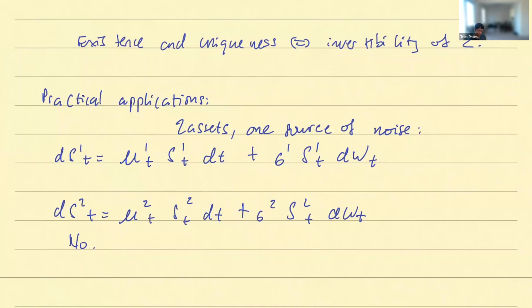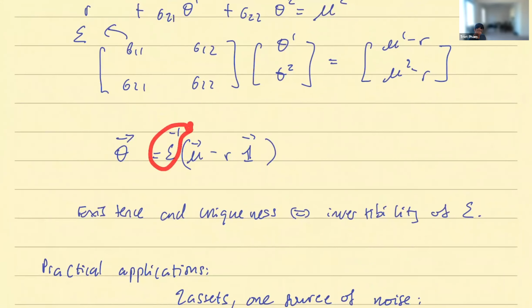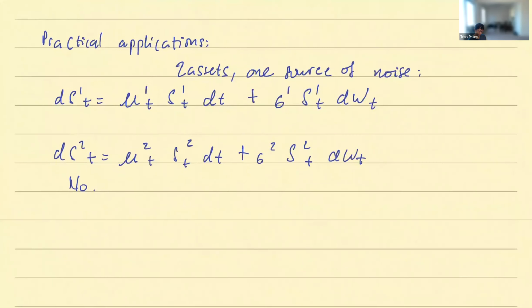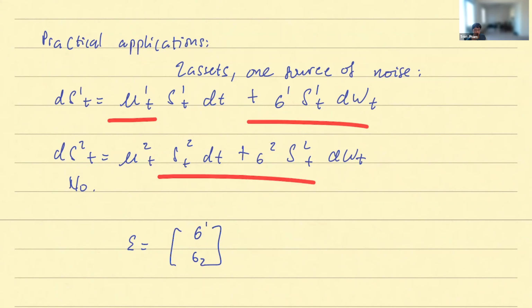Why? Because what will be your sigma matrix? Is this matrix invertible? No. Of course, unless you somehow make these equal in a weird way, you can define one single risk neutral probability.